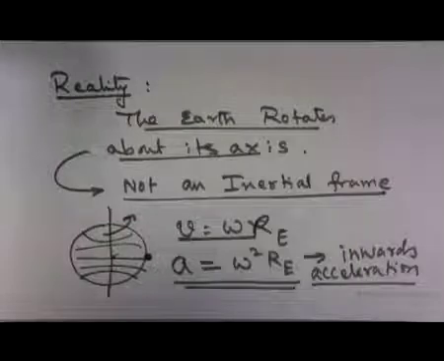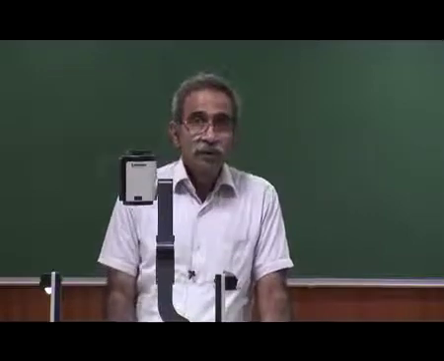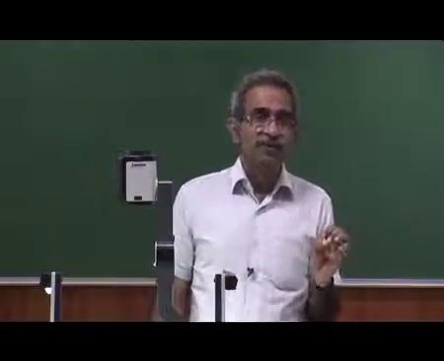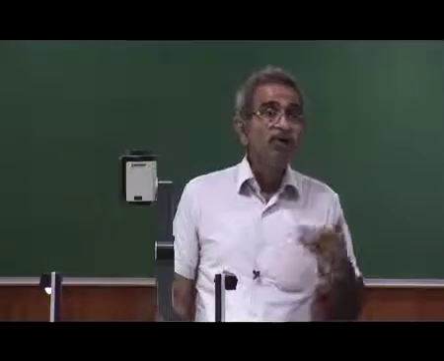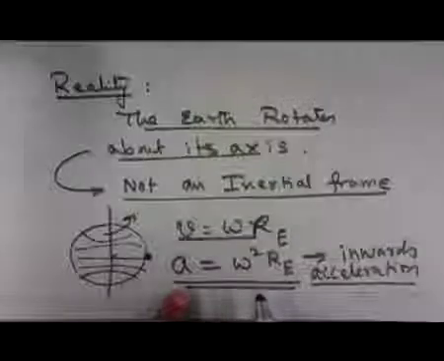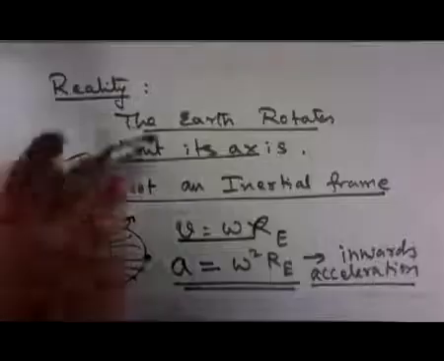However, from the viewpoint of the earth, we are not accelerating, we are at rest. But in every frame of reference, if we want to balance all the forces, that means we have to include a fictitious force which is balancing this physical force. This is a physical force coming from the spin of the earth. There must be a fictitious force.